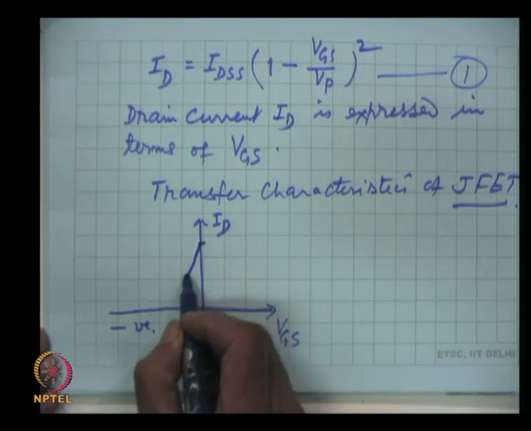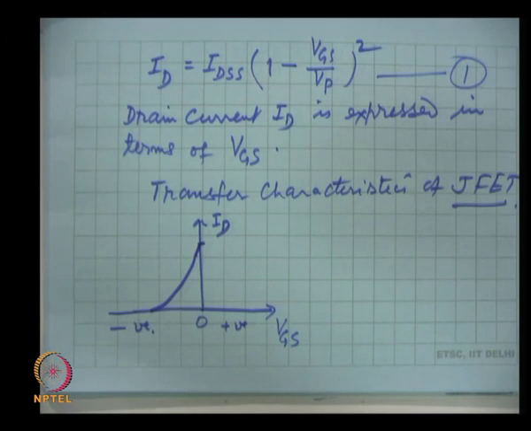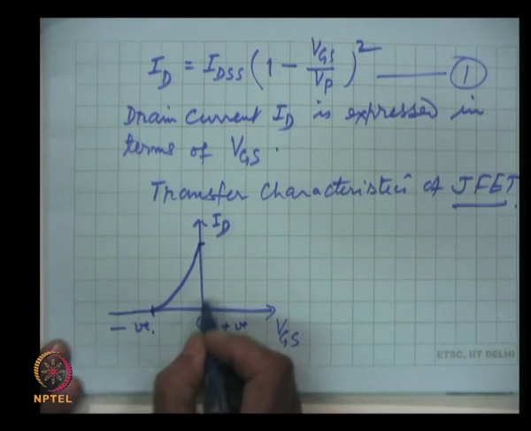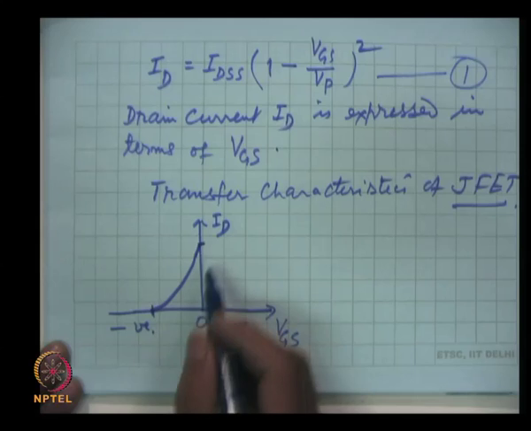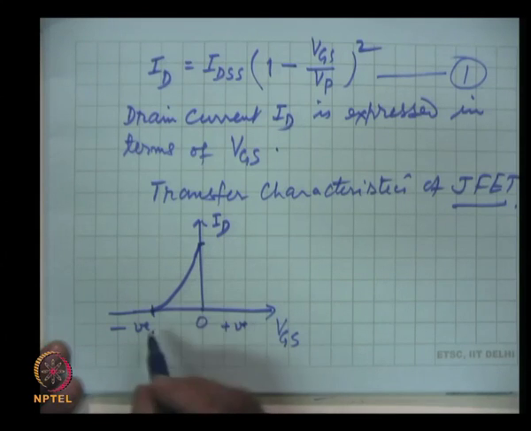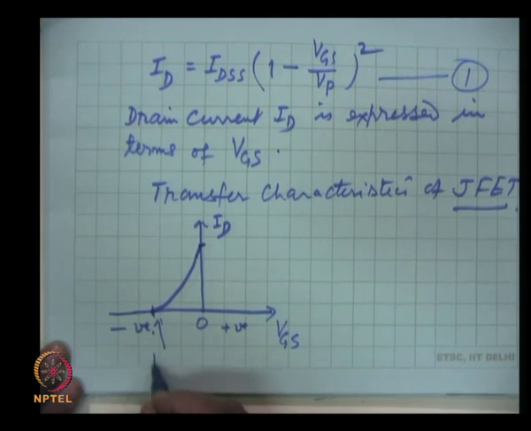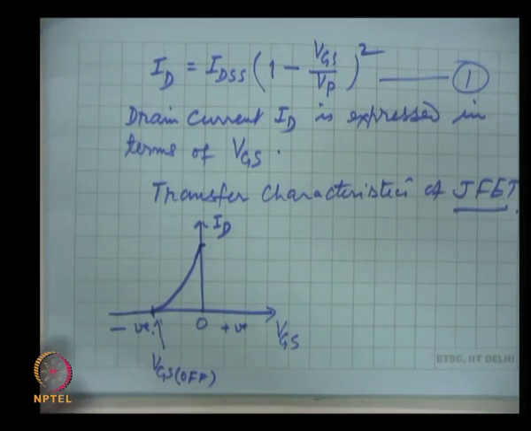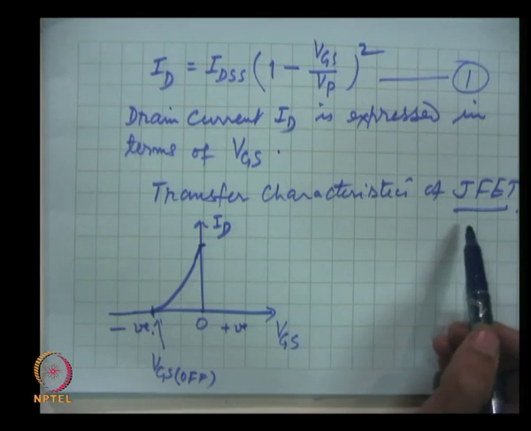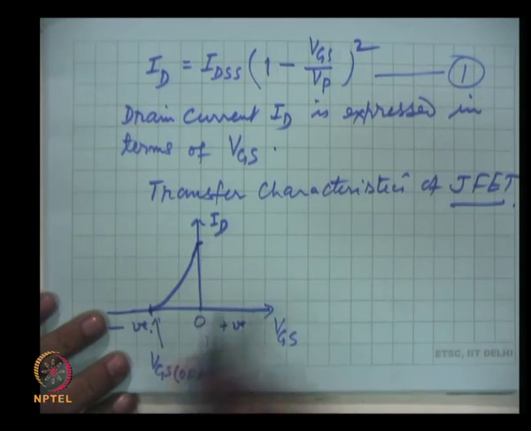So, this is the parabolic plot, and this value where this drain current drops to 0, we call VGS off, gate source voltage off. These are the drain characteristics for the n type JFET. The curve will be opposite for a p type JFET, because the gate source voltage is positive.